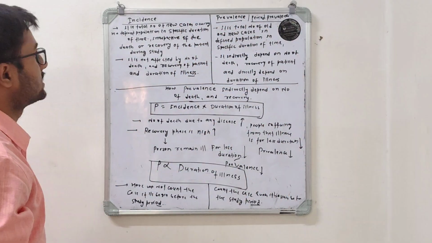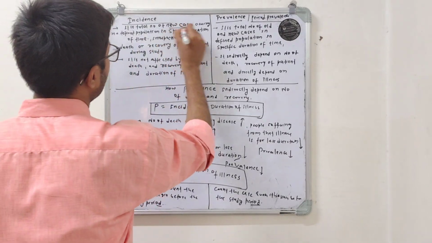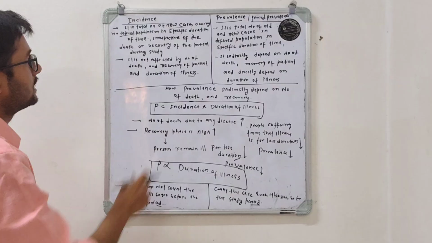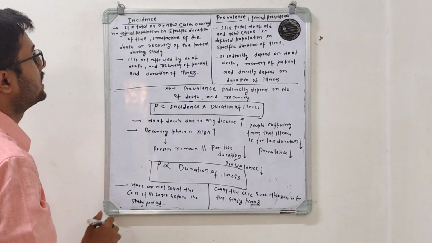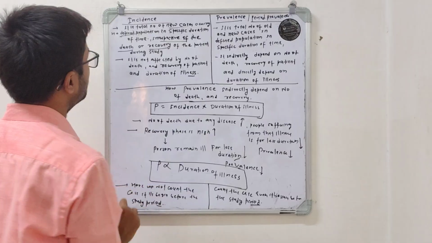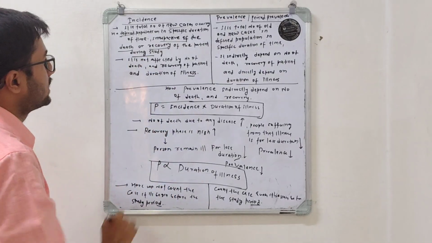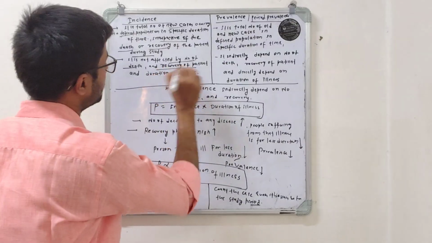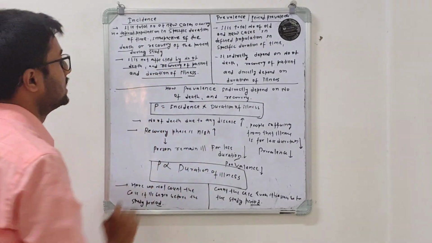In the definition we can see that incidence is the total number of new cases occurring in a defined population in a specific duration of time, irrespective of the death or recovery of the patient during the study; it is not affected by the death or recovery of the patient and the duration of illness.